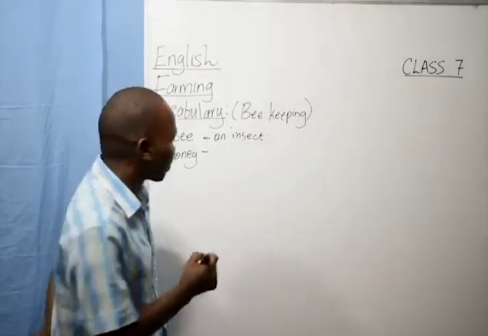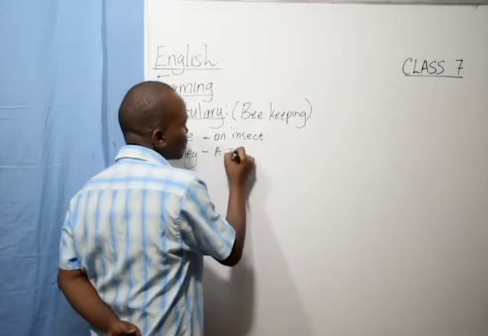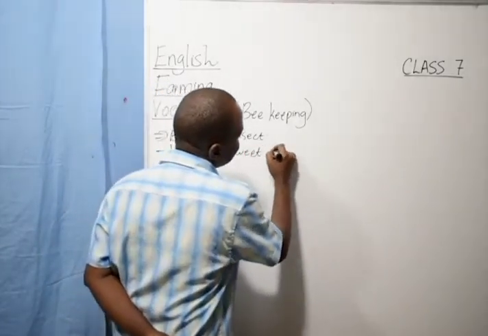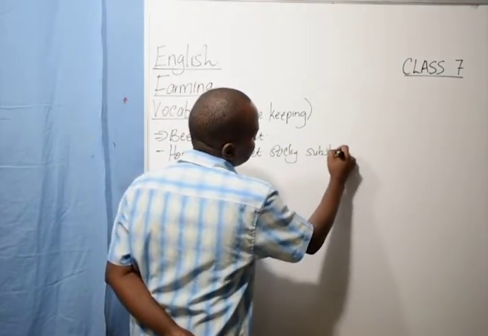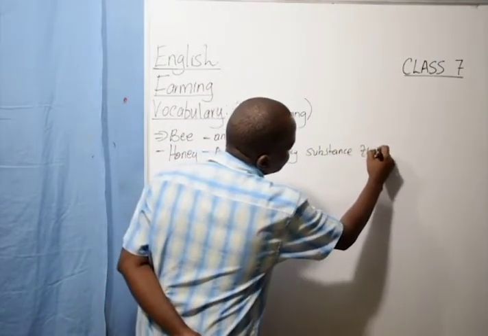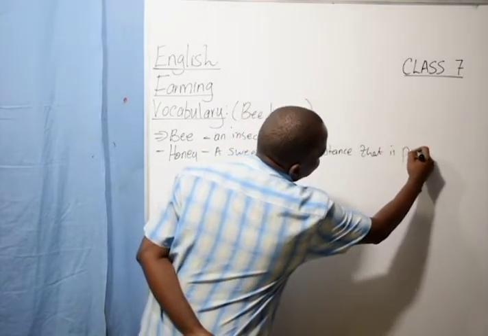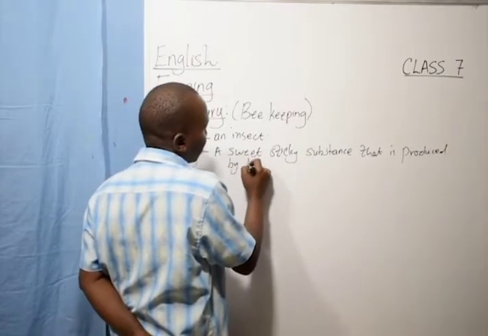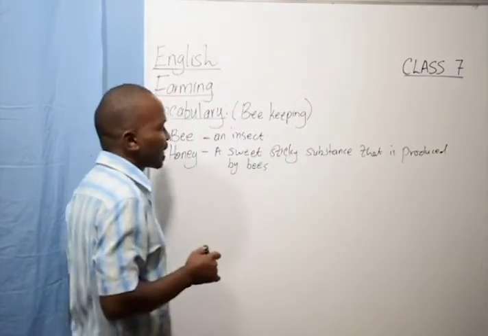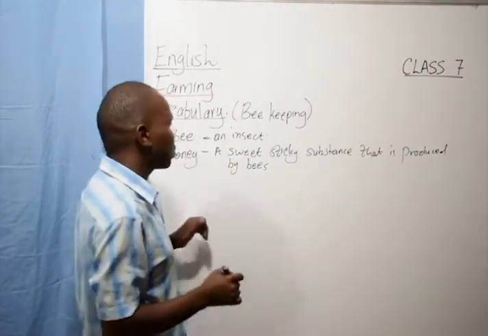So honey is a sweet, sticky substance that is produced by bees.